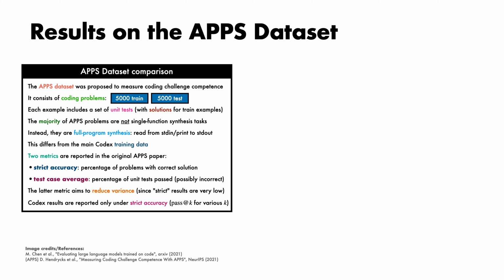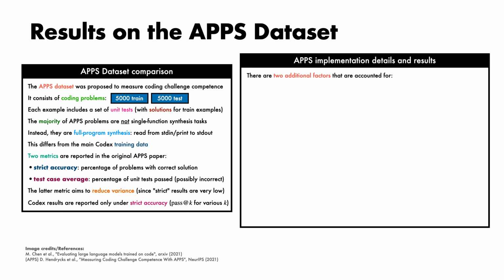There are two additional factors that are accounted for when reporting numbers on the APPS benchmark. First, in APPS, and in coding competitions more broadly, tasks are often accompanied by a set of 3 or so input-output examples that demonstrate the expected behavior of the solution.